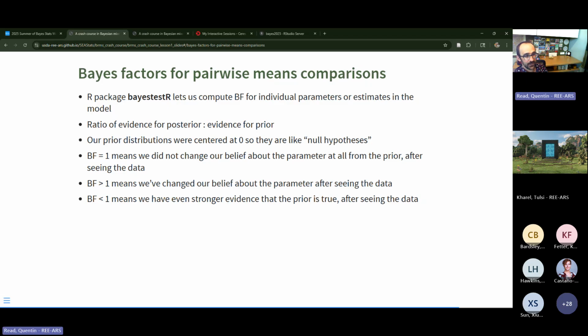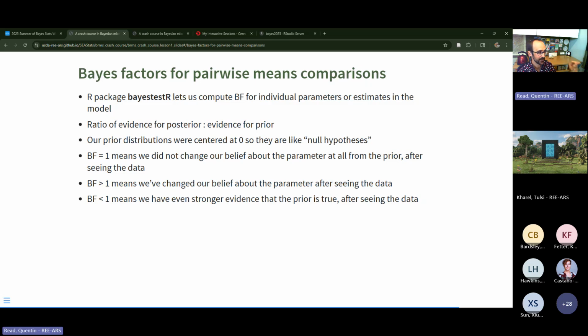So our numerator is the posterior, our parameter estimates that we got after we saw the data. Our denominator is our priors. What is the ratio of the probability of those? If Bayes factor is 1, that means we did not change our belief about the parameter's distribution at all after seeing the data. Our prior has survived and stayed the same as it was before.